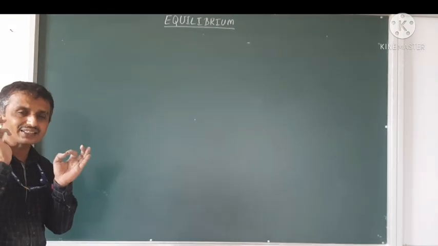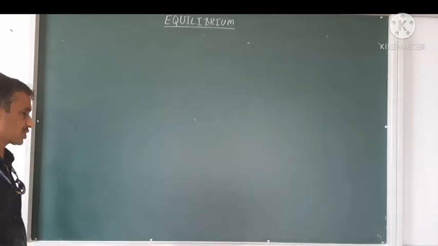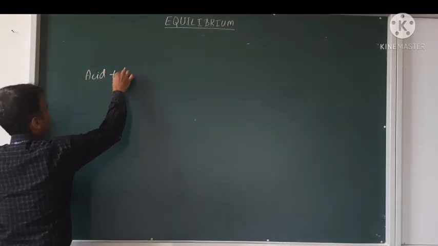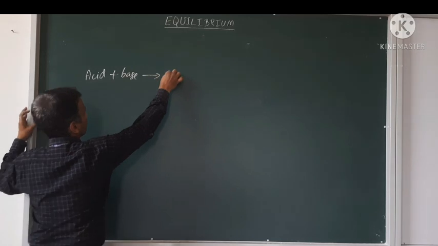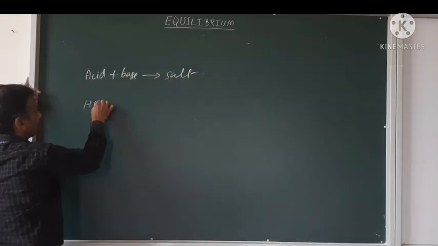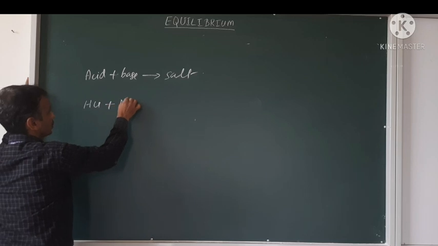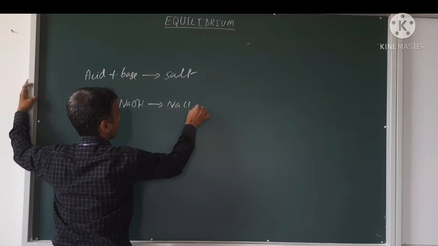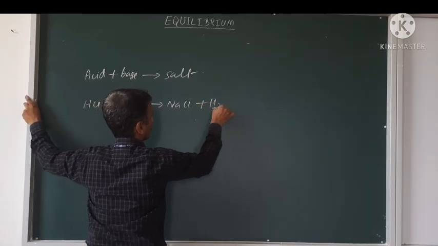Now, when an acid is reacted with a base, what do I get? Acid with a base, I am going to get a salt. Example, HCl is an acid plus sodium hydroxide is a base. I am going to get NaCl salt along with water.